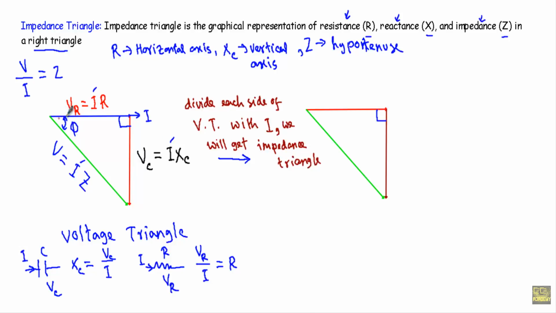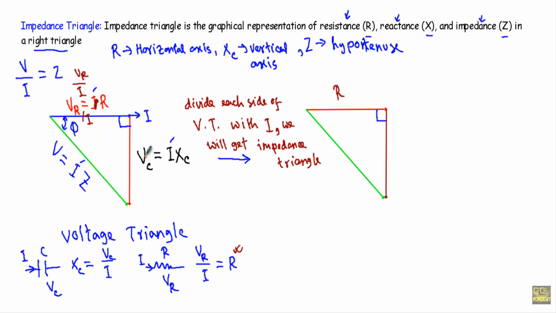See, if I divide this side with I, I will get VR by I. This I will get cancelled, and VR by I equal to R. See, VR by I equal to R. So this side will represent resistance R.